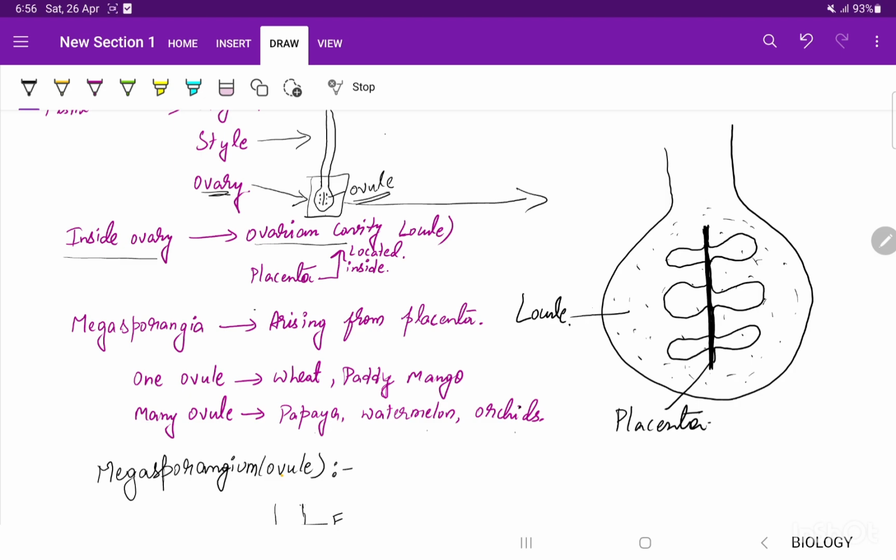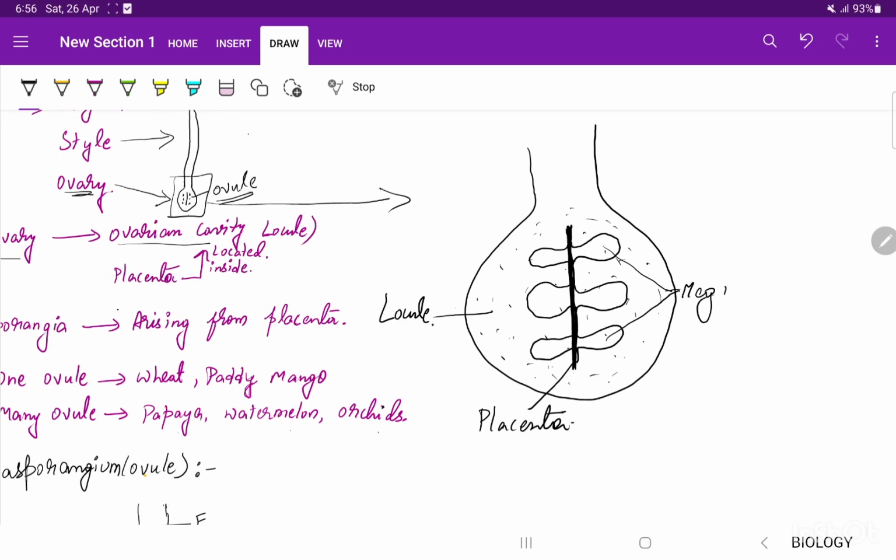They will be arising like this. These are collectively called megasporangia, that is, the female gametophyte. I hope it's clear.